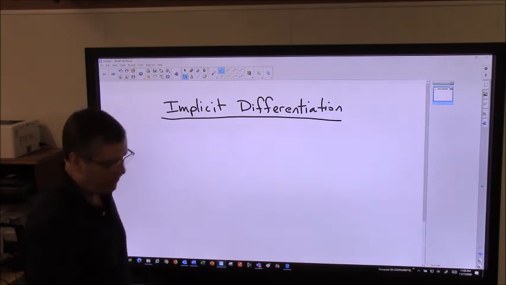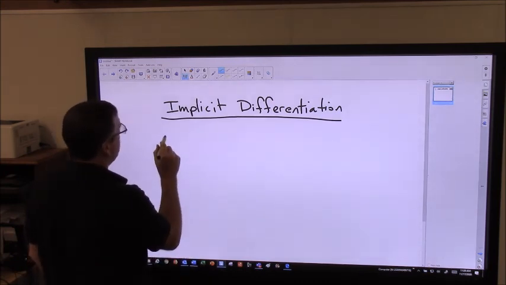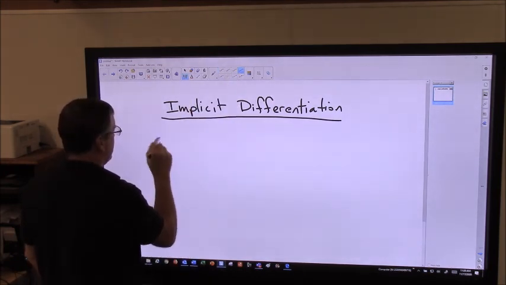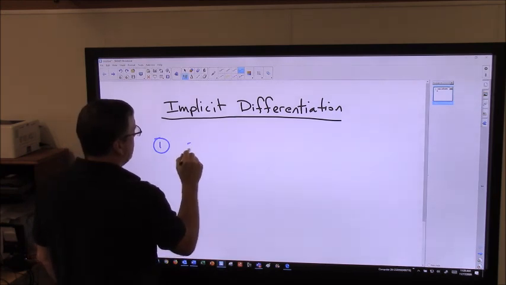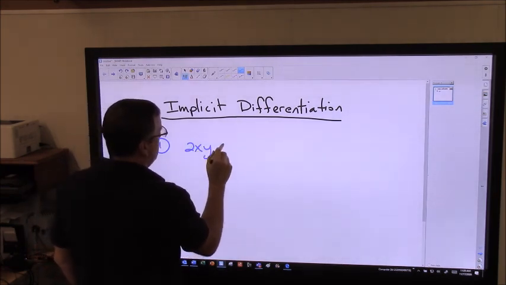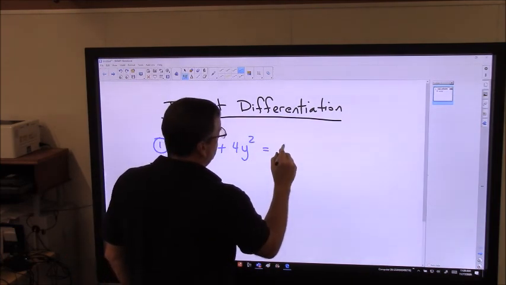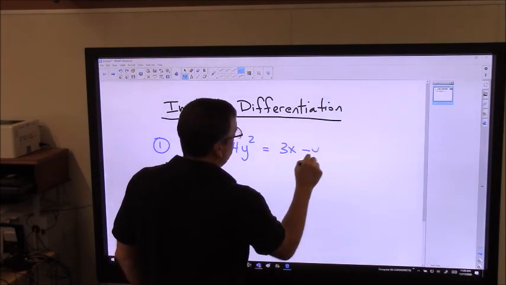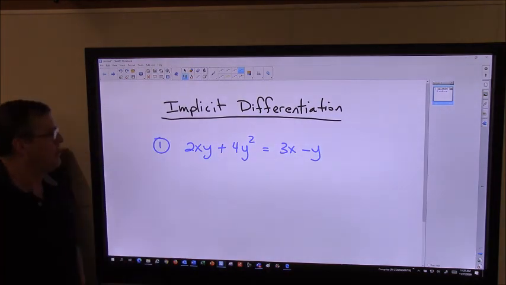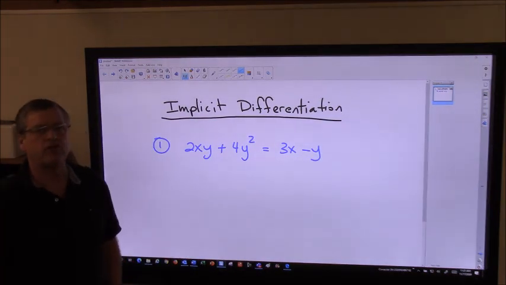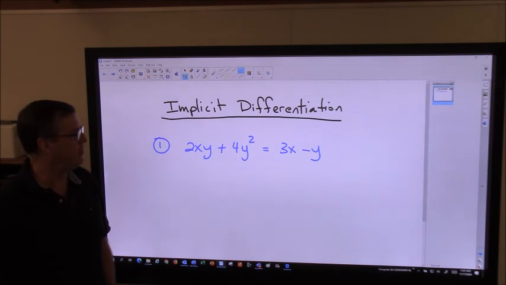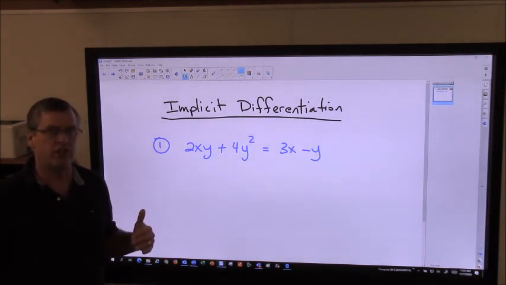So what happens if I have an expression that looks like this? 2xy plus 4y squared equals 3x minus y. It would be pretty hard to solve this equation for y. But taking the derivative of it isn't hard.